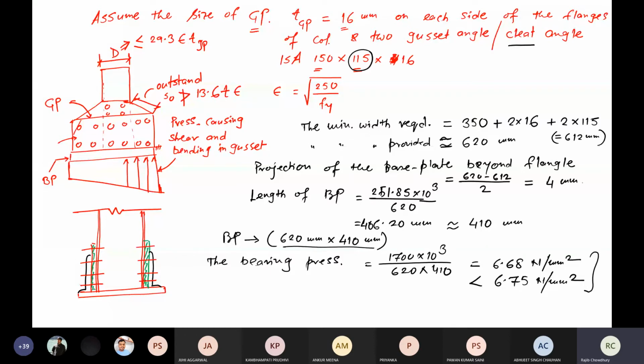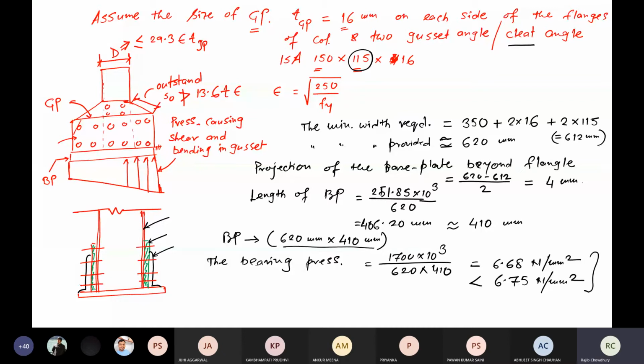Okay, now what is the next thing that we should do? Next thing is, here you see there are many different components. One is for your column, this is for your gusset plate, and this is your angle section.